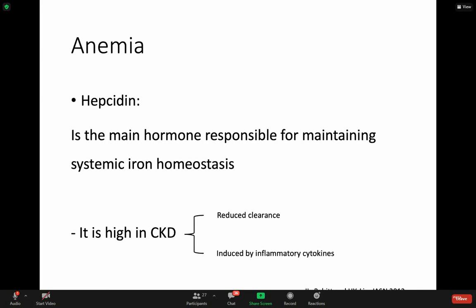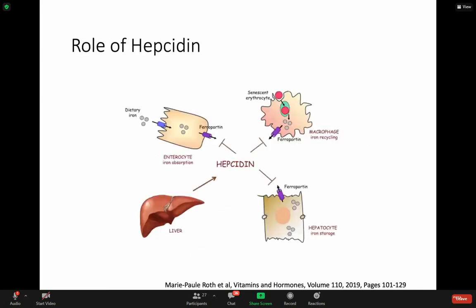Okay. All right. Look at this picture. So the hepcidin will block the ferroportin.